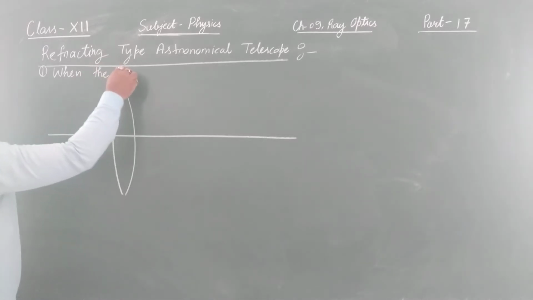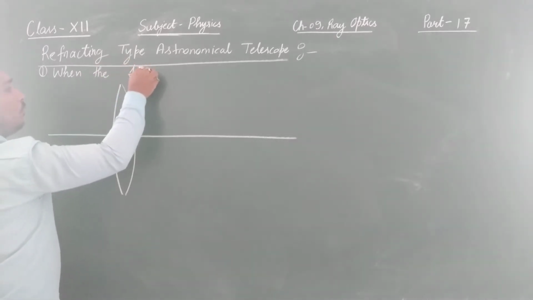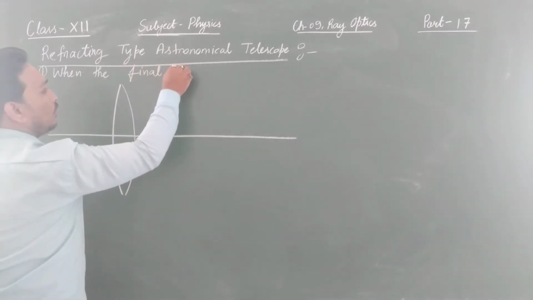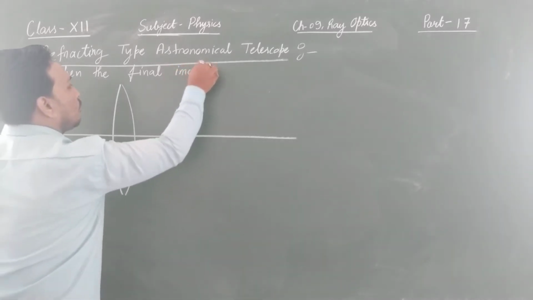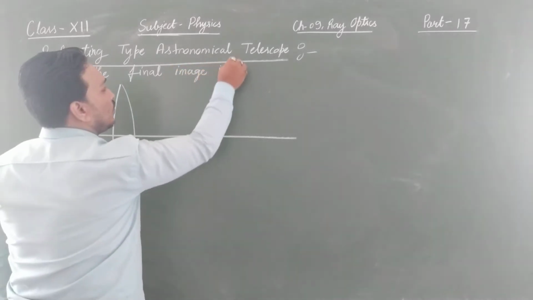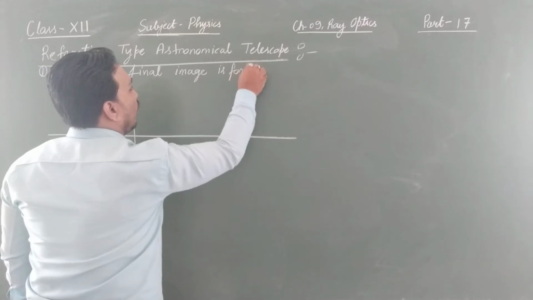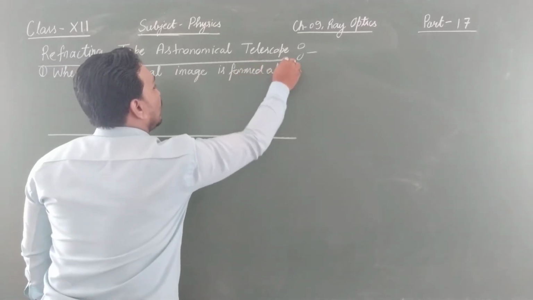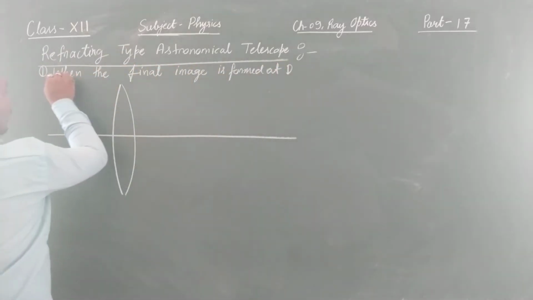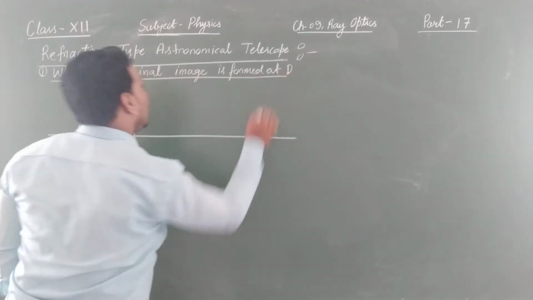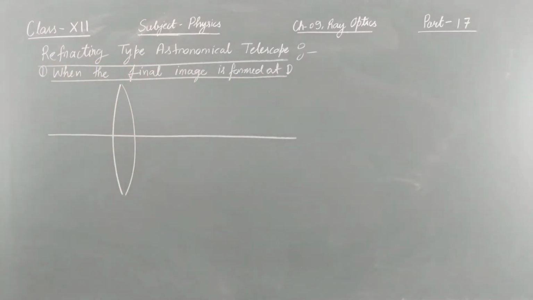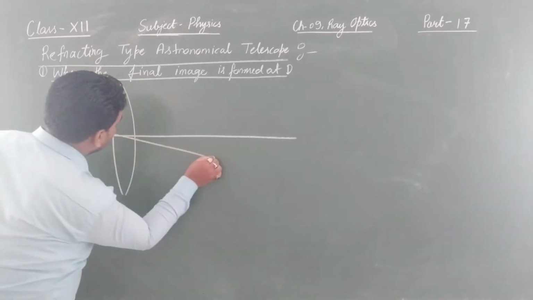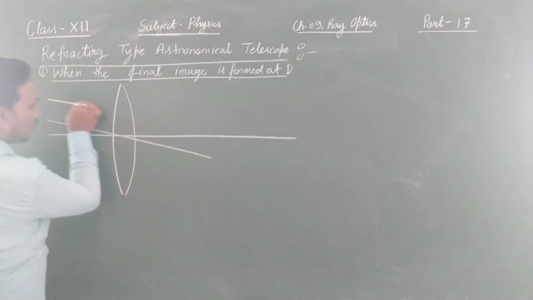When the final image is formed at capital D, this is the first case we need to study. So again, from infinity, the rays which come are parallel to each other.